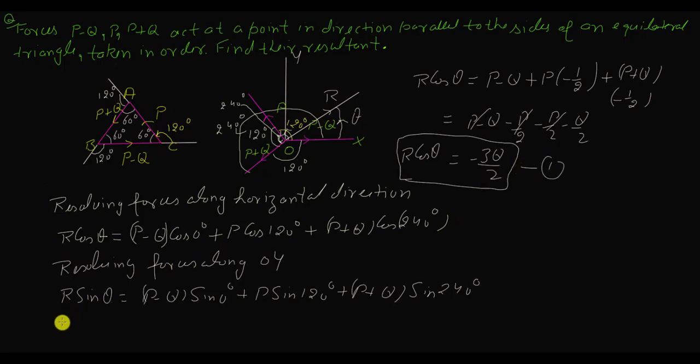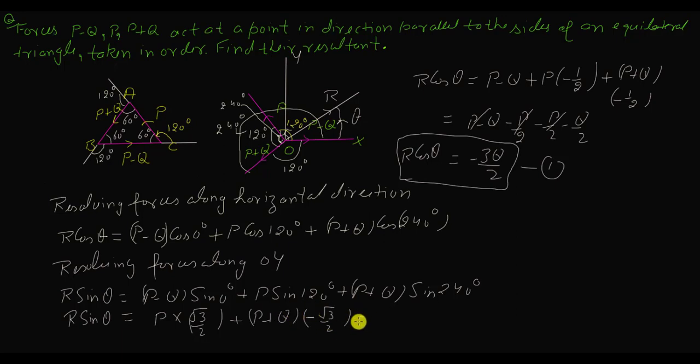Similarly, now solve this one. R sin theta: sin 0 is 0, P sin 120 is sin 60 degree, and sin 60 degree is root 3 by 2, plus P plus Q, and sin 240 degree you know is minus sin 60 degree, and it is root 3 by 2.